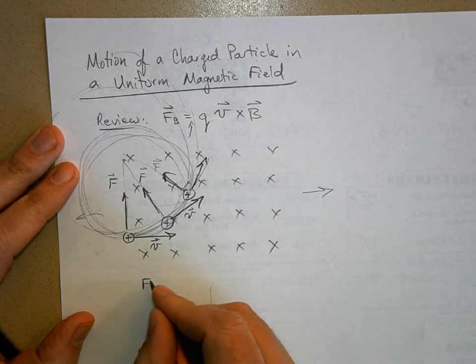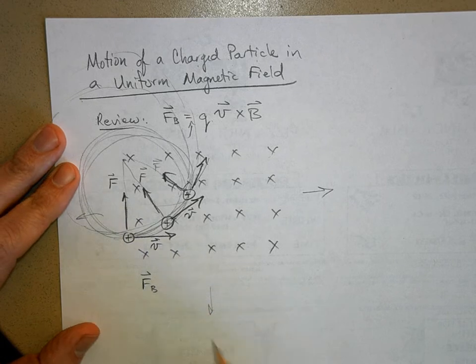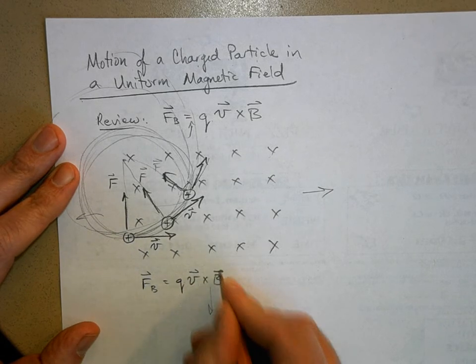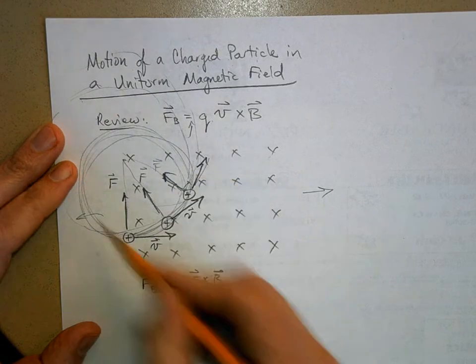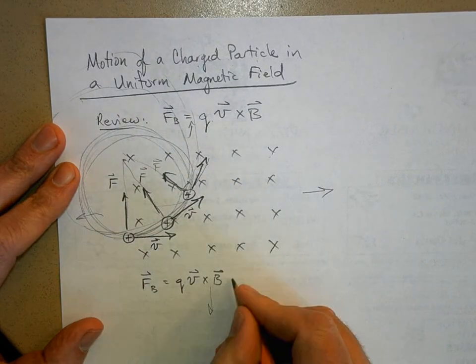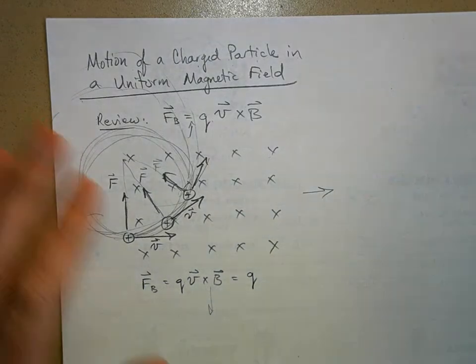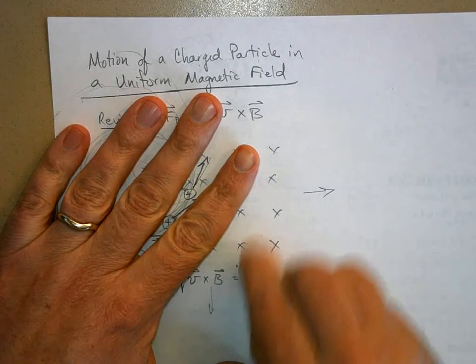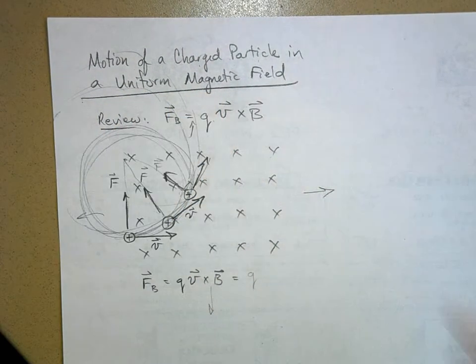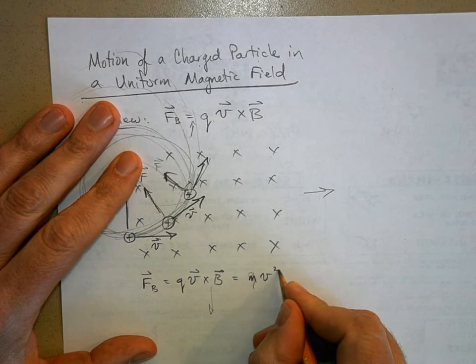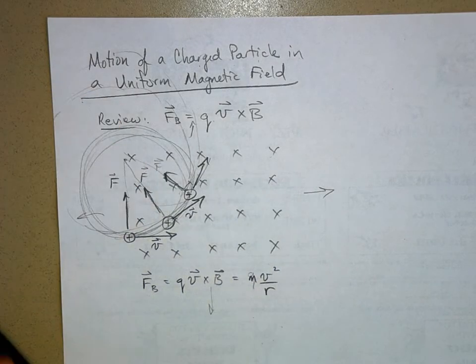Now we know what kind of forces make things move in a circle? Centripetal forces. And what is the equation for centripetal force? mv squared over r.